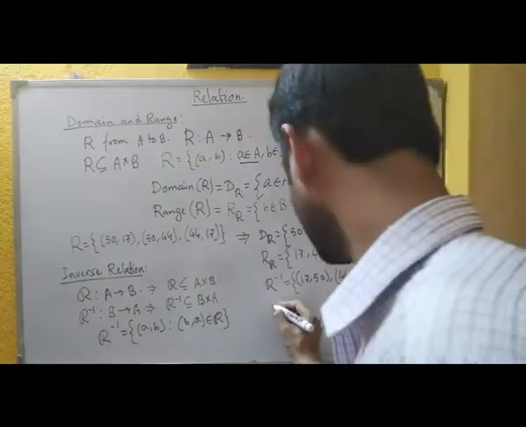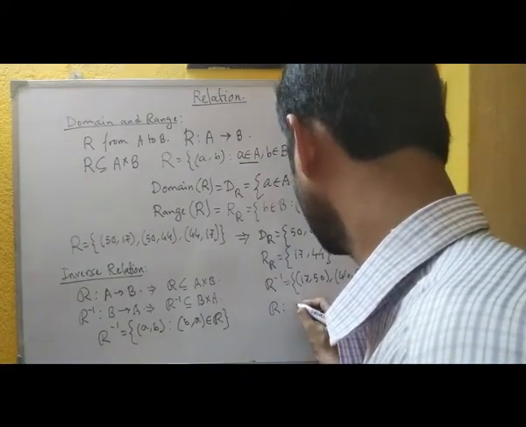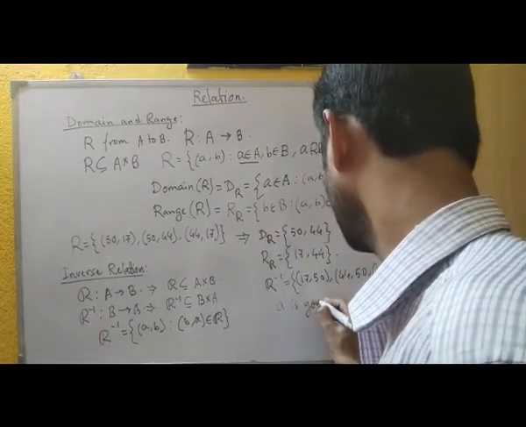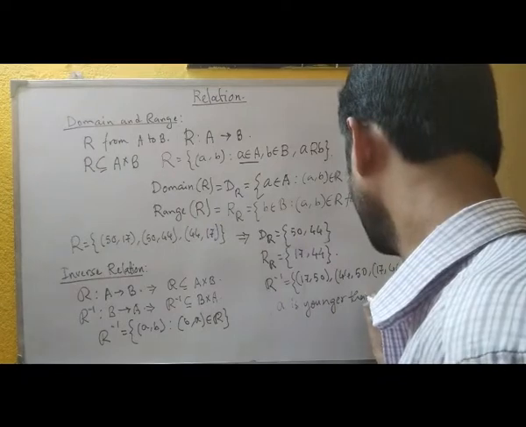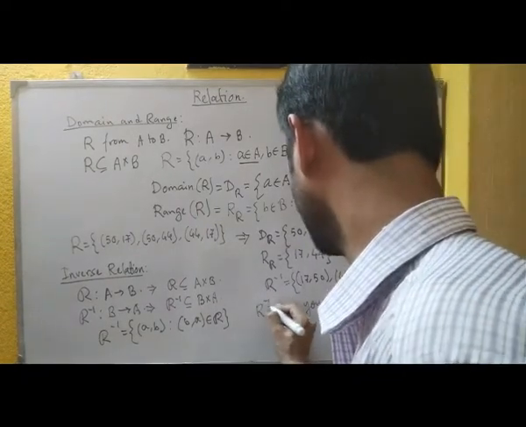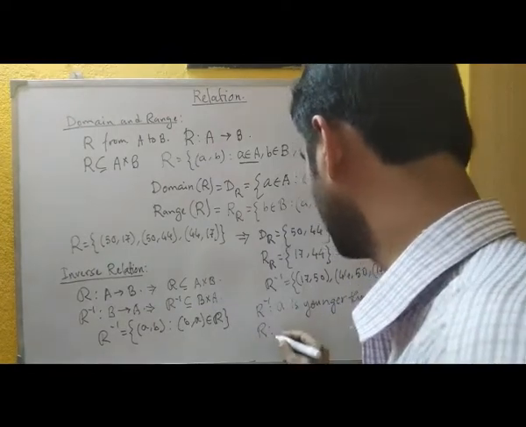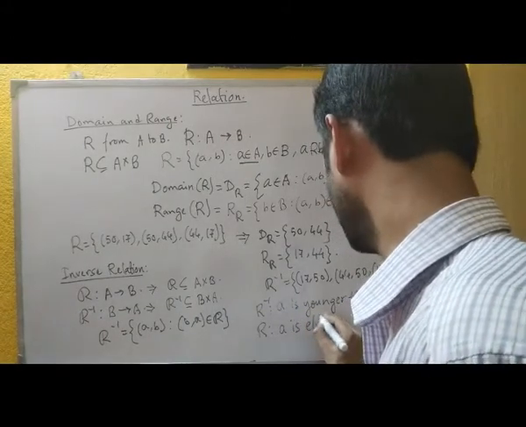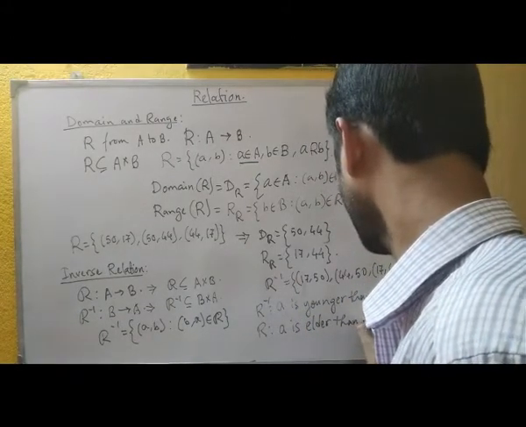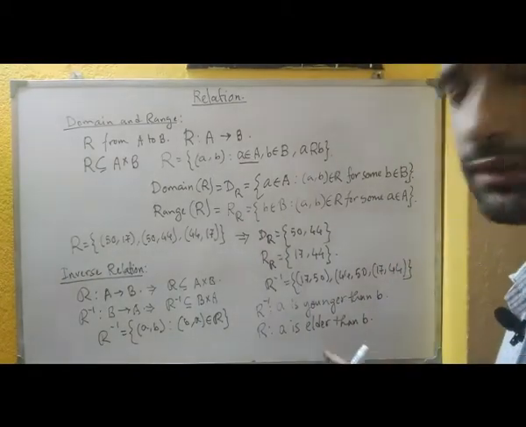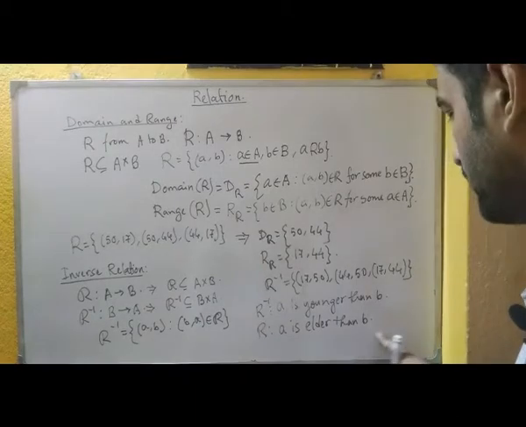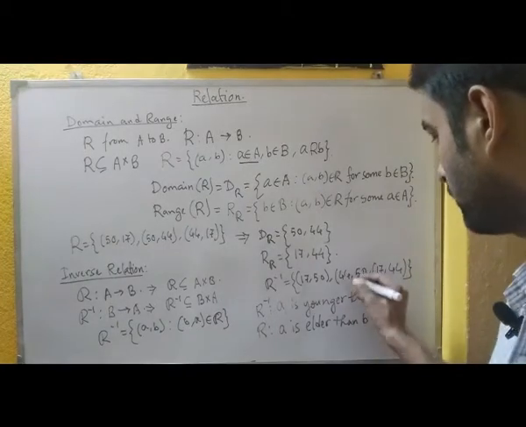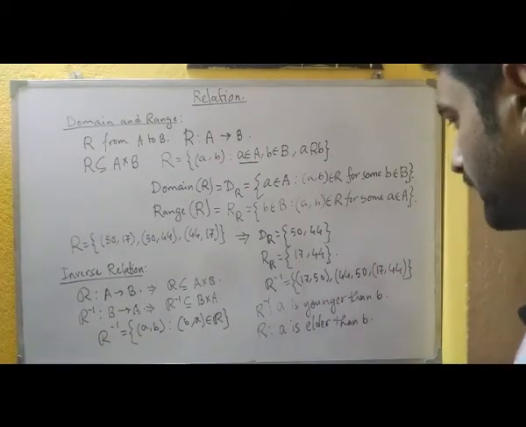So we can name this relation R inverse, or we can say here A will be older than B. That expresses the relation R inverse, because previously the relation R was denoting that A is elder than B. So this was the relation R, that is A is elder than B. R inverse expresses the relation A is younger than B, and that's why the ordered pairs are rotated, that is flipped.